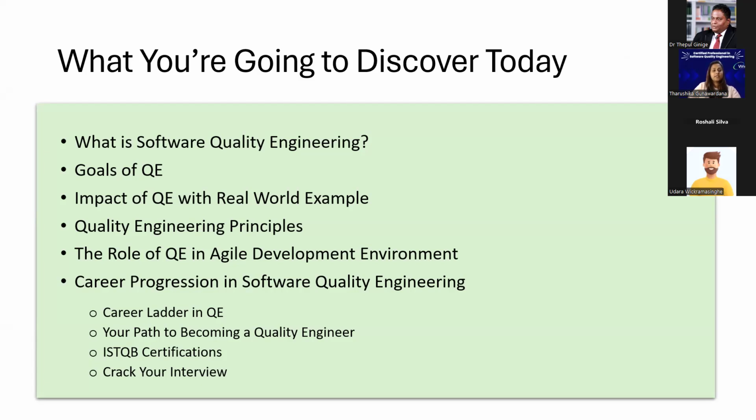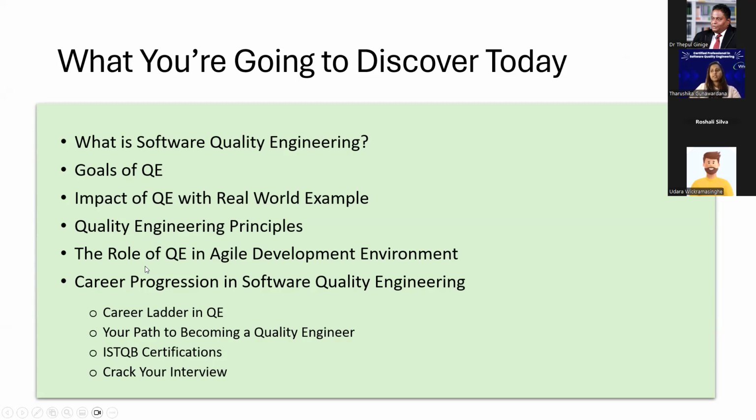And then we will discuss quality engineering principles. In there, we are going to learn about 7 different quality engineering principles. If you are going to do the ISTQB exam, then in that syllabus you will find these quality engineering principles, which we are going to cover here.